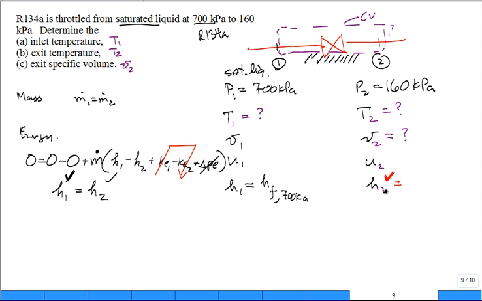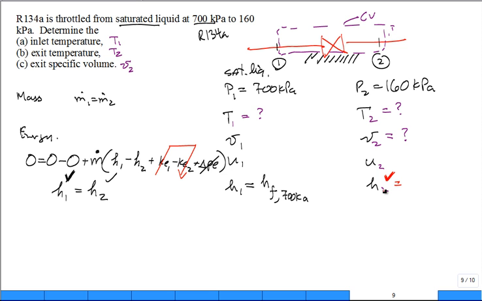Is enthalpy, specific enthalpy, an intensive property? The state principle that we use over and over again in thermodynamics says 2 independent, intensive properties fix the state.